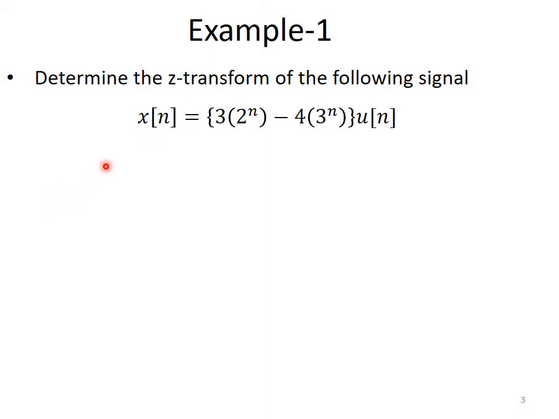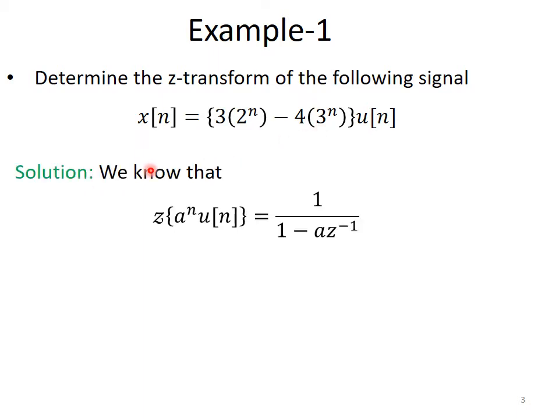Now let us find the Z transform of a signal using the linearity property. This signal is actually a sum of two signals: one is 3 into 2 power n and another is minus 4 into 3 power n.